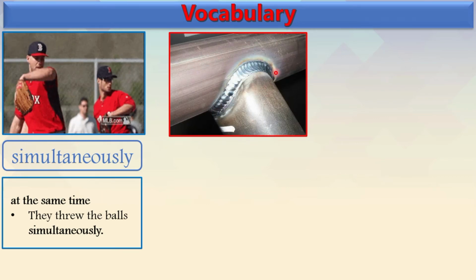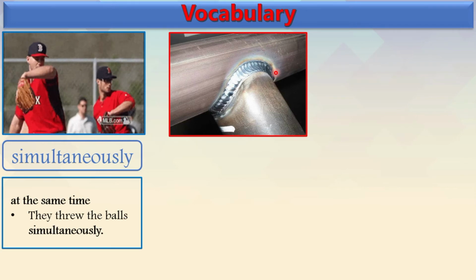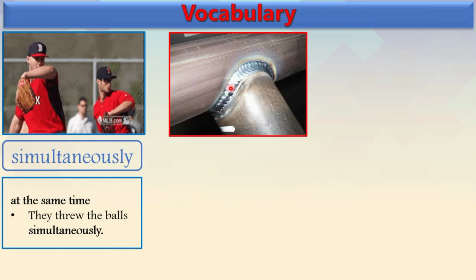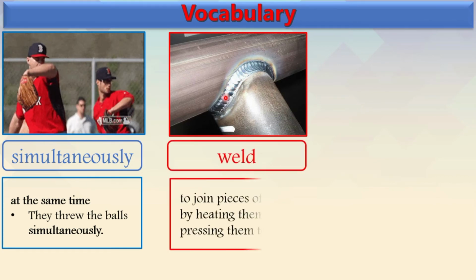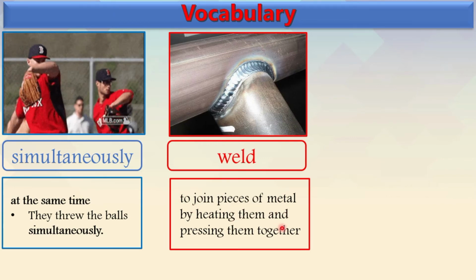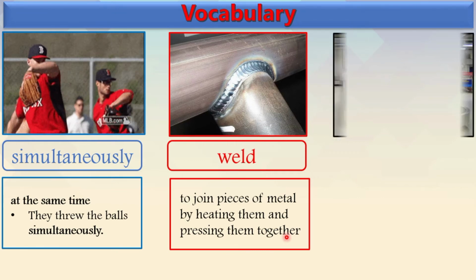What can you see here? Two pieces of metal joined together. That means they are welded together. To weld means to join pieces of metal by heating them and pressing them together. Our last word.